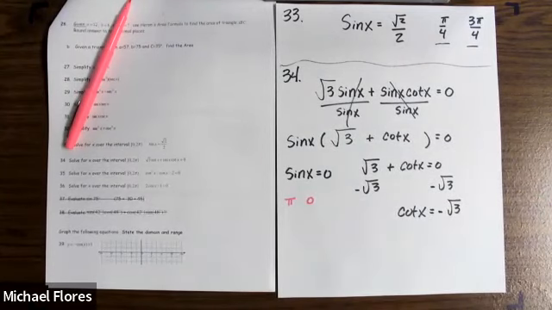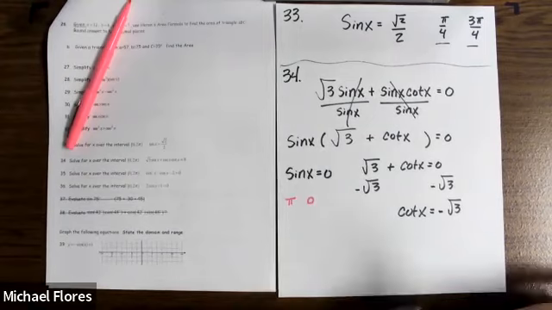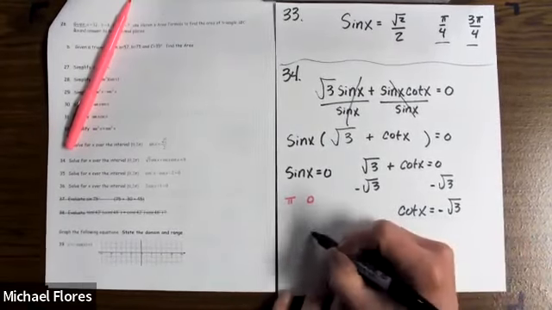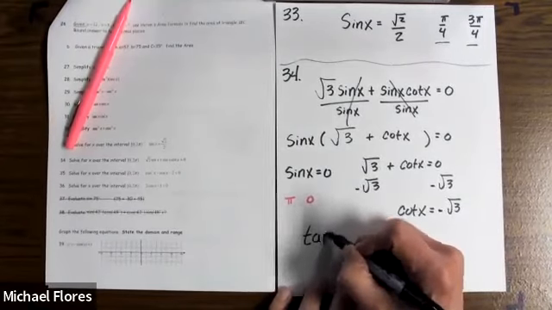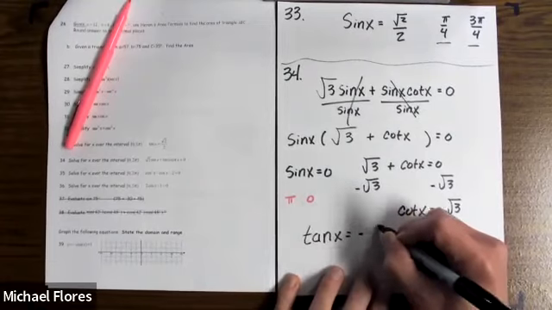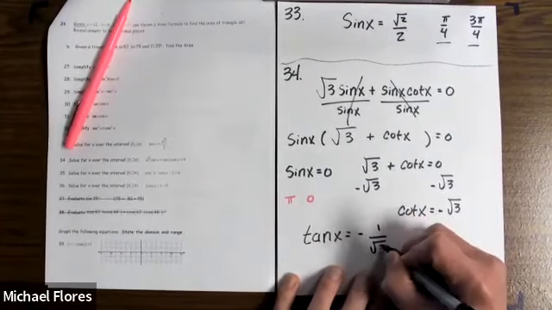Now that we've gotten here, you might be thinking to yourself, cotangent of x, where in the unit circle is cotangent of x negative root 3? Now you're going to want to do reciprocals. The reciprocal of cotangent is tangent. And the reciprocal of negative root 3 would be negative 1 over root 3.